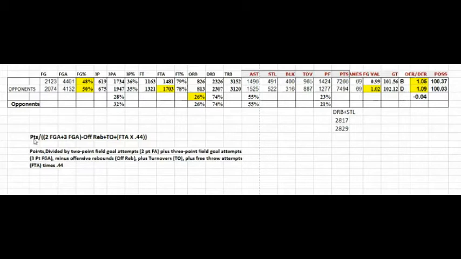Your points are divided by the total of 2-point field goal attempts and your 3-point field goal attempts, and you minus that number by your offensive rebounds, plus or add to it your turnovers, this particular team's turnovers or the opponent's, and then you add your free throw attempts times 0.44, and that's all there is to it.